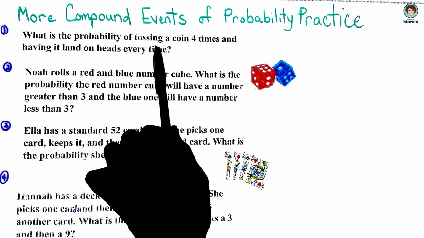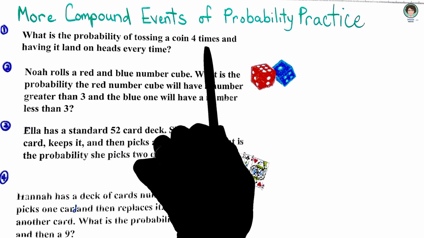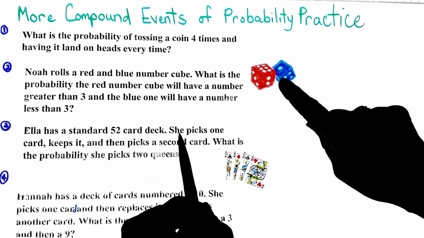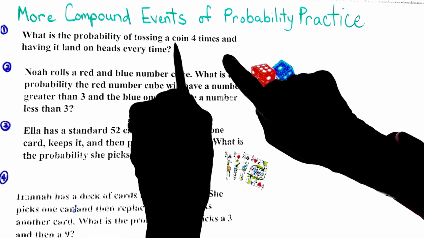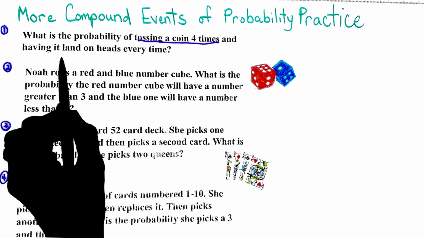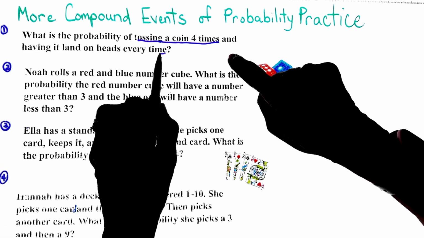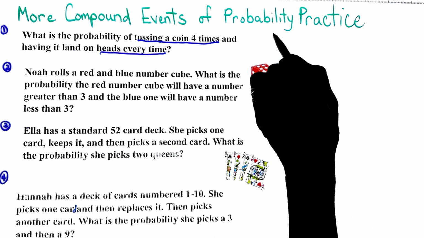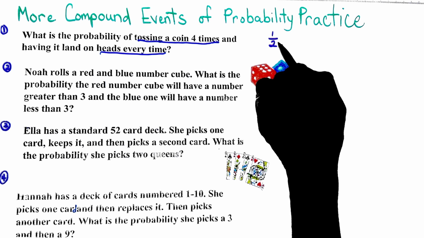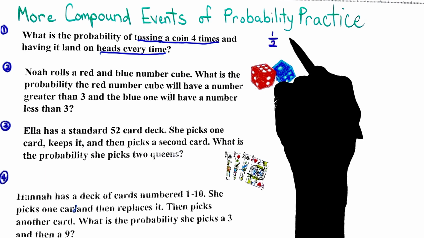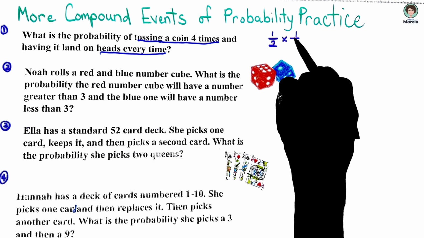What is the probability of tossing a coin 4 times and having it land on heads every time? So let's mark the text. We're tossing it 4 times and we're having it land every time on heads. So I know that a coin has heads and tails, so I'm going to multiply 1/2. There is my 1 out of 2 chance for my first coin toss, but we are doing this 4 times.